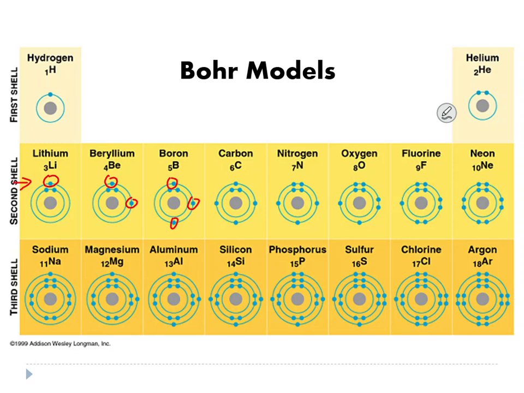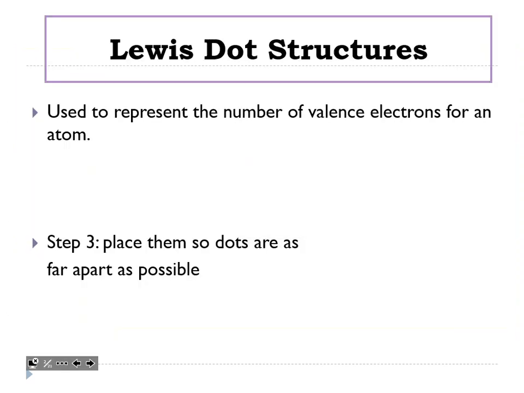Then on these various elements up here, they're showing you the valence electrons in the third energy level or the second energy level, depending on which period you're looking at. Here, in period 2, lithium has 1 valence electron, beryllium has 2, boron has 3, following our regular valence electron system.